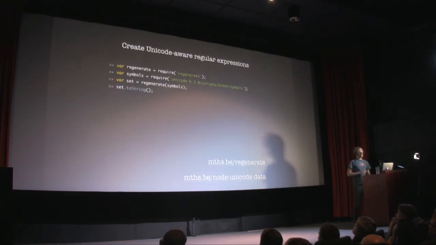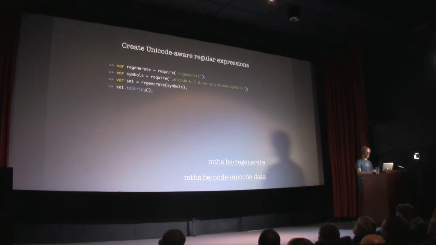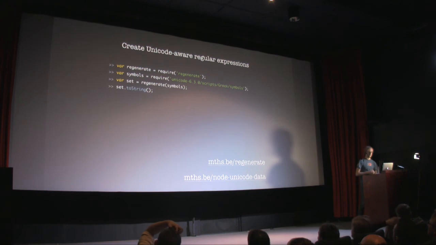Here's one more example. Let's say you need a regular expression that matches all the Greek symbols in the Unicode standard, for example. Unicode has special data tables for this, and categories and properties and scripts and all that kind of stuff. So let's say you want to turn that into a regular expression. Well, you can use these modules on NPM that contain all this Unicode data for any given Unicode version.